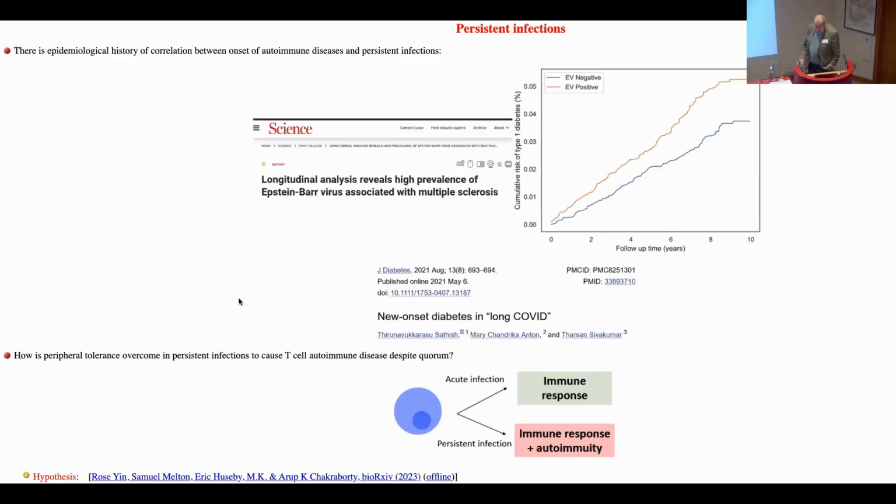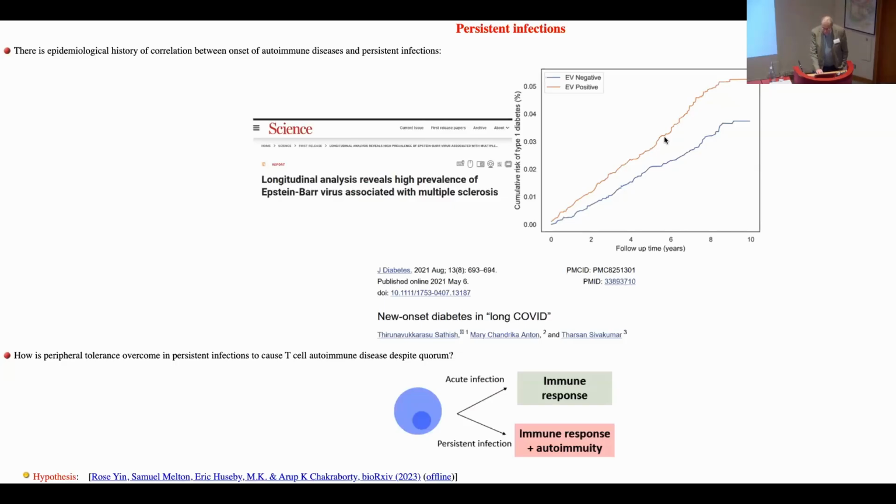And what the graph here shows is the potential for occurrence of multiple sclerosis in two cohorts, one in blue without exposure or infection by Epstein-Barr, and the orange where there is infection by this virus.